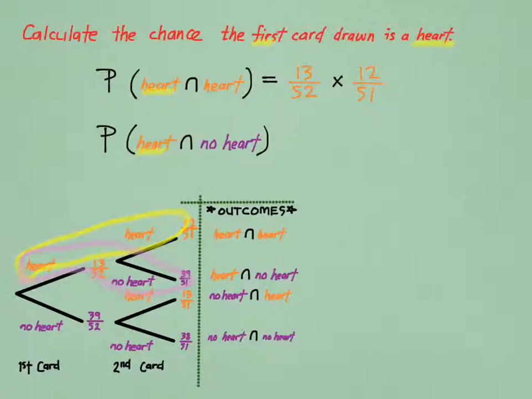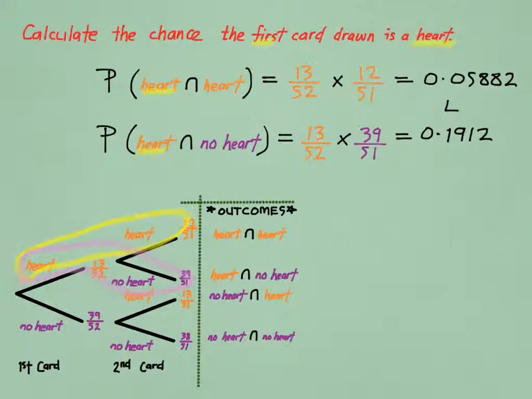That's that yellow circular bit highlighted on the tree, and we're going to write that as a decimal, 0.05882. Let's deal with the other probability here, 13 divided by 52 times 39 divided by 51. That's along that purple circular area that I've highlighted on the tree, and that equals 0.1912.